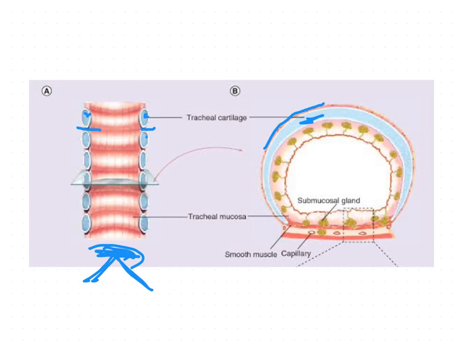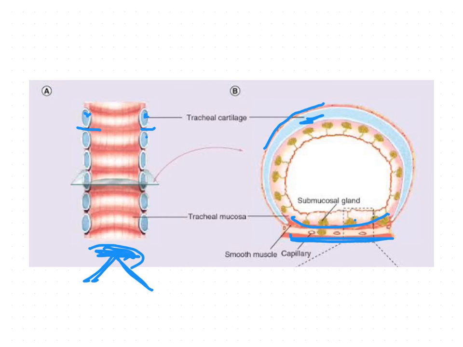Okay. And coming to the inner layer, the inner layer is called the submucous coat. It's made up of loose connective tissue with large blood vessels, nerves and mucus glands. This is the trachealis muscle on the posterior aspect.